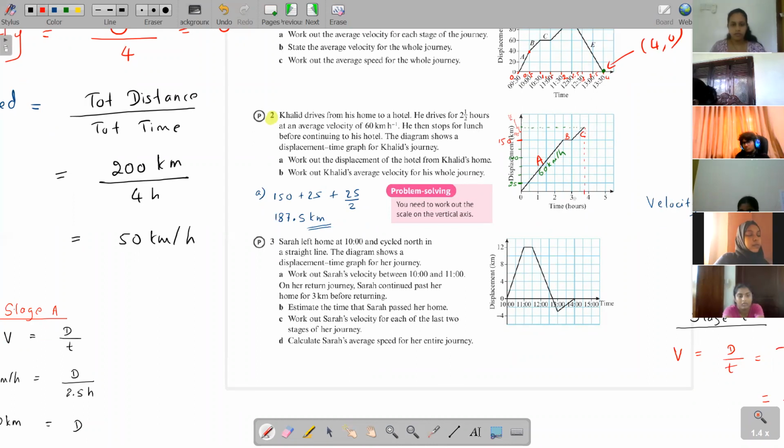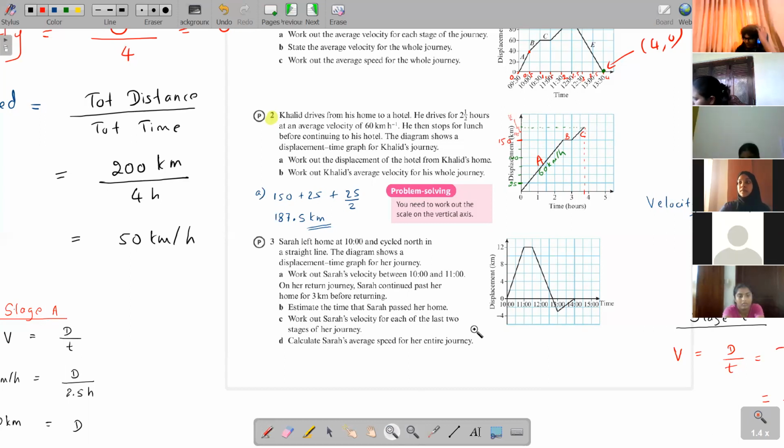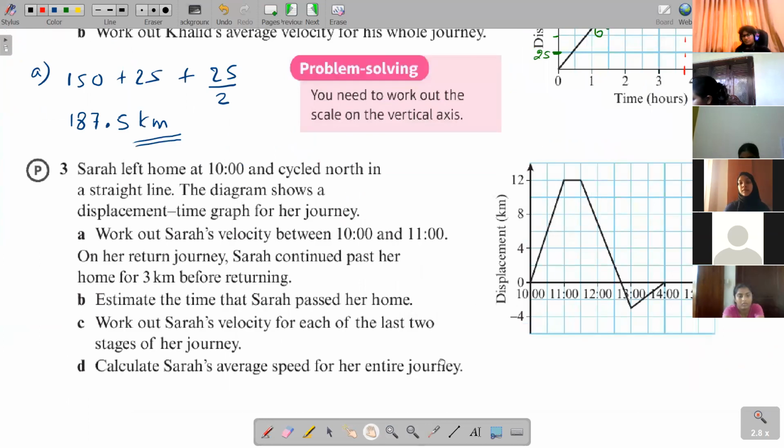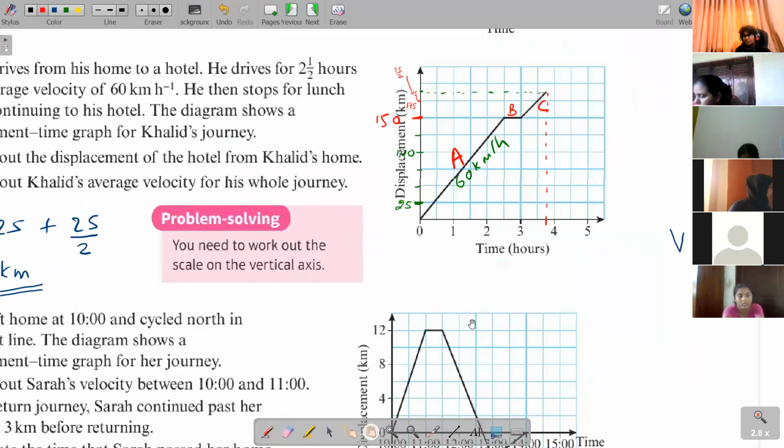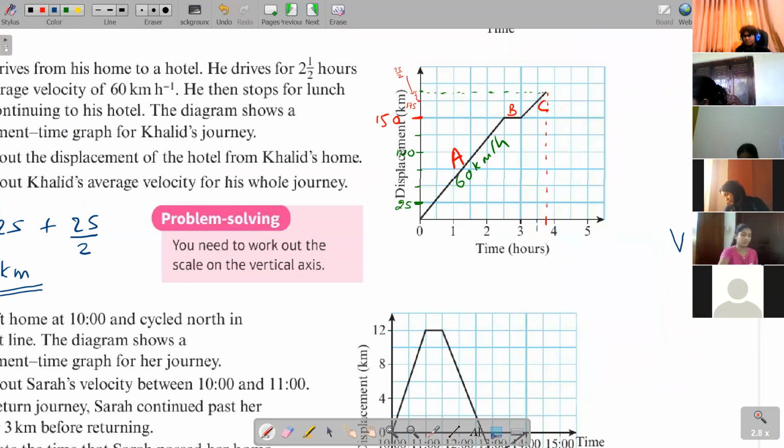So this is going to be how many hours then? This is 3.5. So this is 3.75, the middle of 3.5 and 4.